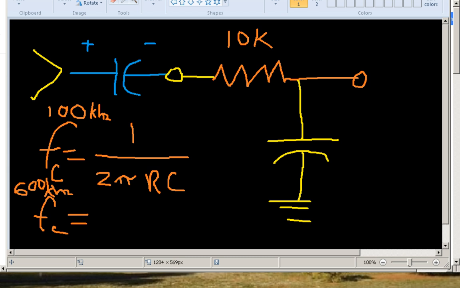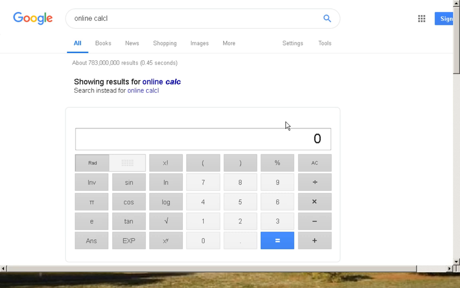So it's 1 over 2 pi R f sub C. C equals 1 divided by 2 pi R f sub C. Resistance is in ohms, capacitance is in farads, and frequency is in hertz. And we've got 1 divided over all of that.